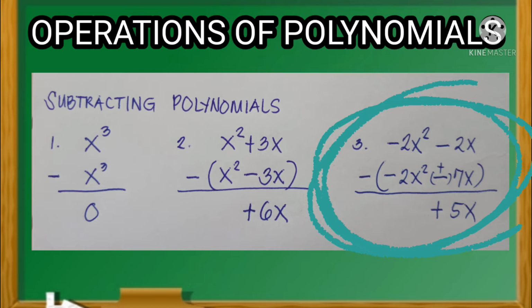Then we have a different sign. We will subtract 7 minus 2, that is 5. Then copy the sign of the bigger absolute value, which is the sign of 7, and that is positive. So therefore we have positive 5. Then copy x. So the answer is positive 5x.